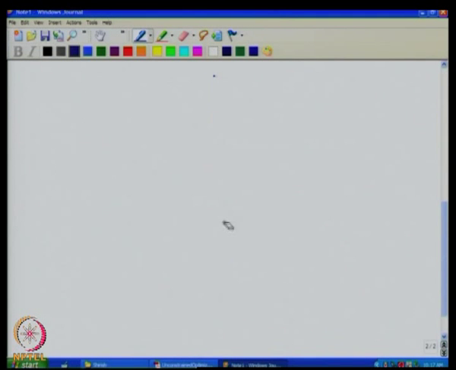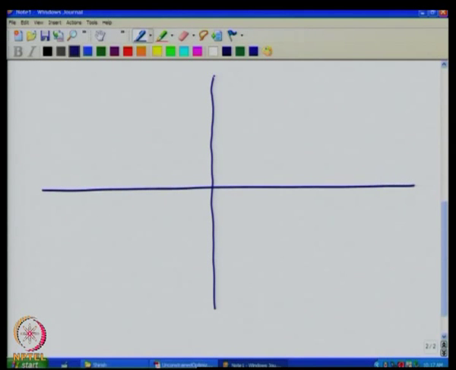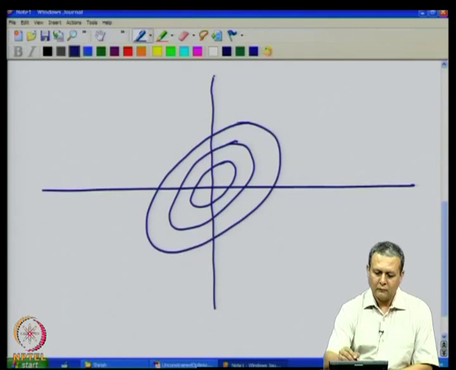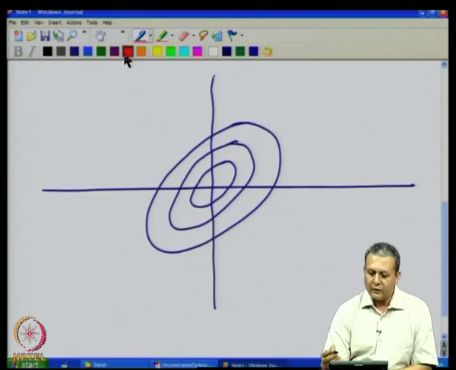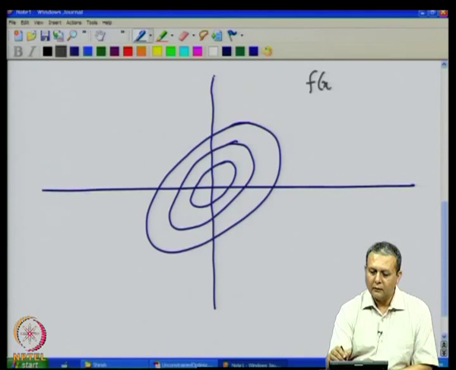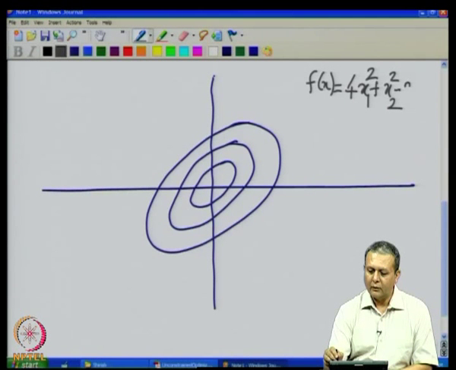If you look at the contours, this is our function f of x, which is 4 x 1 square plus x 2 square minus 2 x 1 x 2.